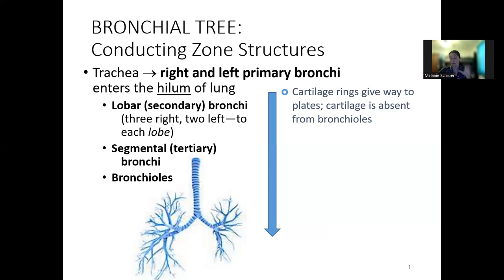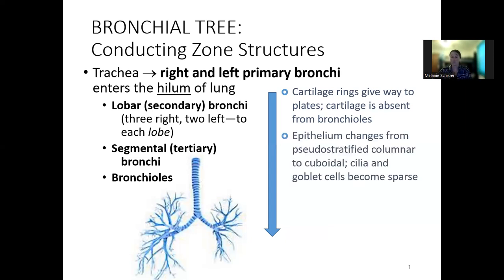So we start out with rings, then plates, and then no cartilage at all. The epithelium changes from pseudostratified columnar to cuboidal, so getting a little bit thinner. And then by the end, it turns into simple squamous epithelial tissue.